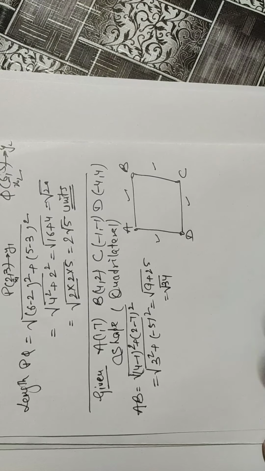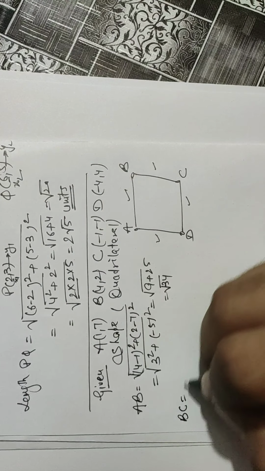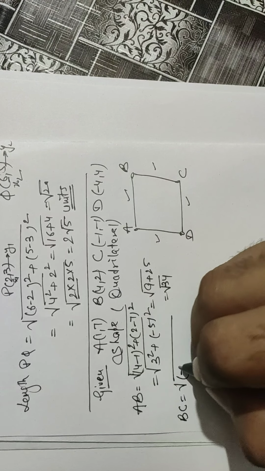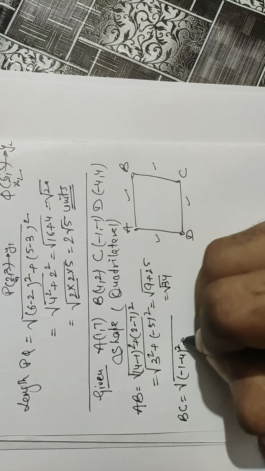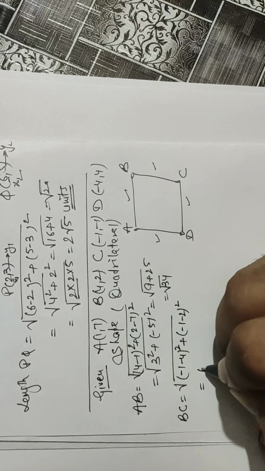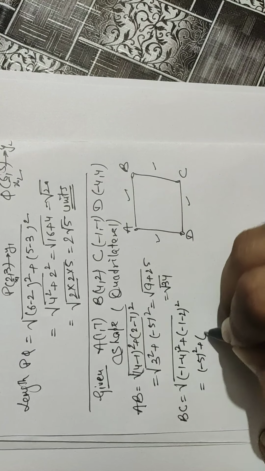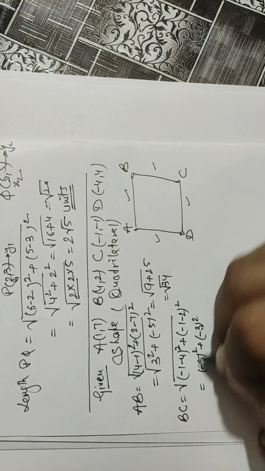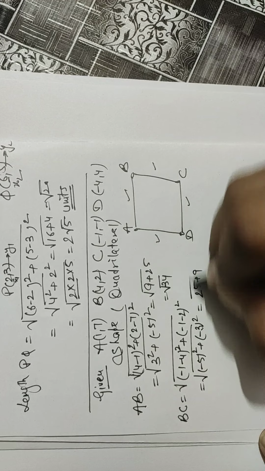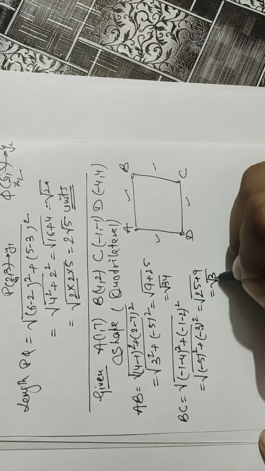Now we calculate length BC, which is given by minus 1 minus 4 and minus 1 minus 2. It becomes square of minus 5 and square of minus 3. If we simplify, it becomes 25 plus 9, square root 34.